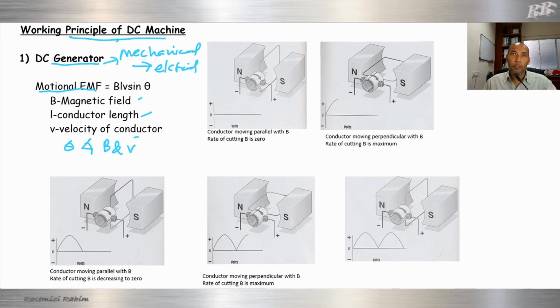One of the important parts in a DC generator is the commutator. These two parts are the static part, or stator. In this case we use a permanent magnet.